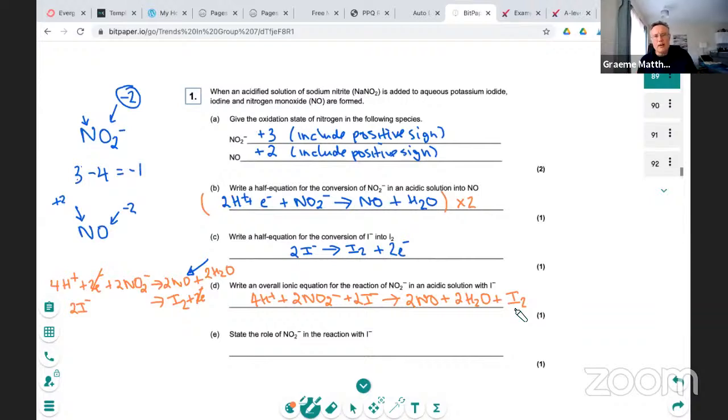And keeping track of whether you're supposed to write down the state symbols for one reaction here or a different reaction over here is just wasting bandwidth. So what I say is this. At the end, after you've balanced everything, write in the state symbols. And so therefore, I'm going to put in a little aqueous here. If they want it, great, you've got the mark. If they don't want it, don't worry about it.